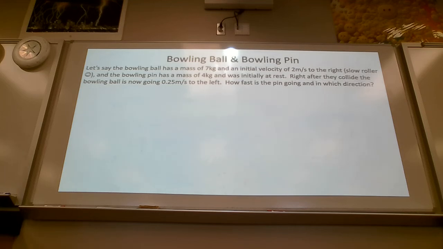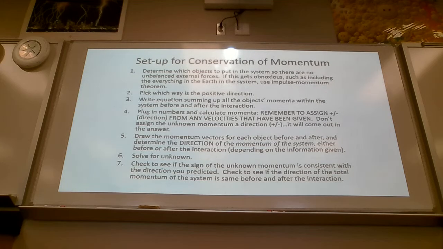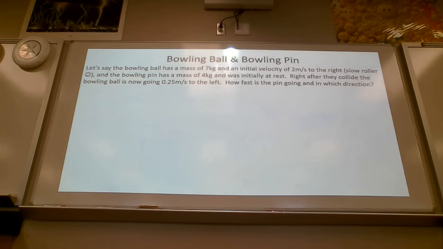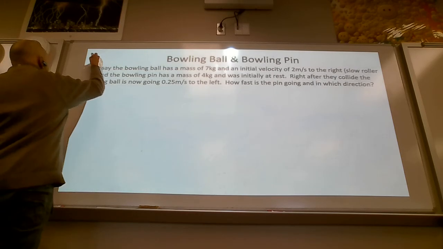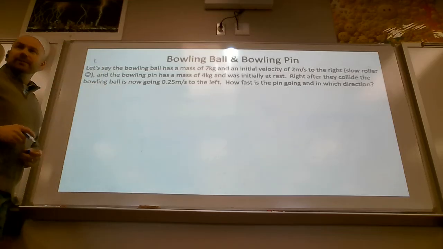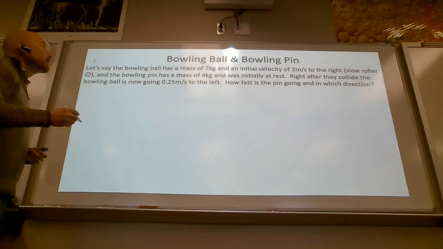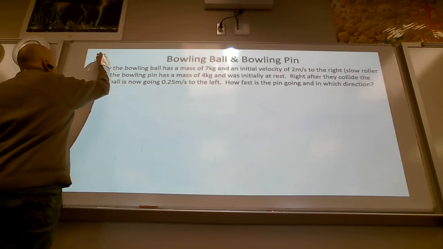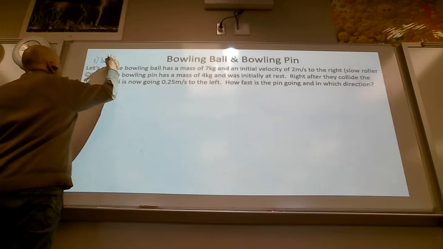Okay, so here's how to bake a conservation of momentum problem. I'm going to walk you through these steps verbally. Step one is define your system. What objects are in your system? For this one, we're going to put the ball and the pin.